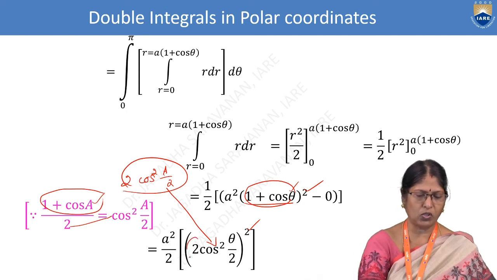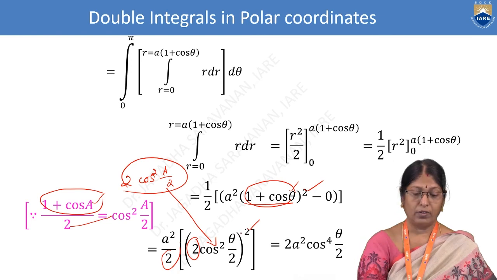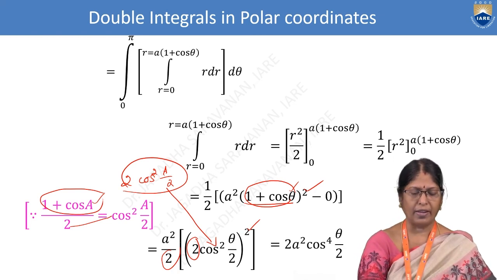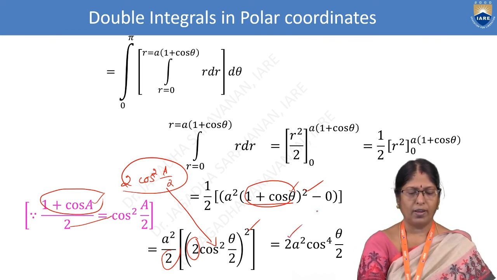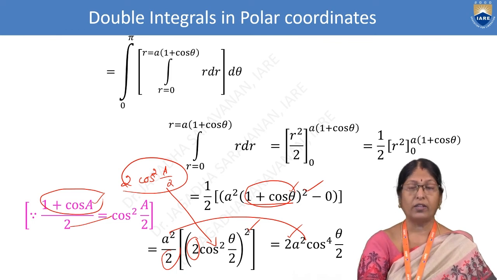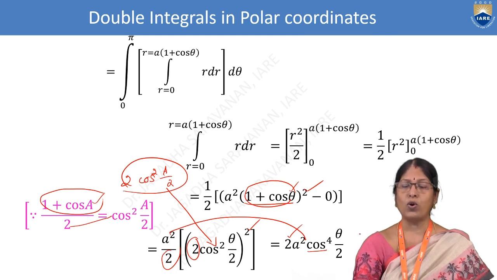Now these two are getting cancelled. Here 2 square is there, that means 4 is there, getting cancelled. The remaining is 2. A square is written as it is. Cos square, the whole square, is nothing but cos power 4 theta by 2.